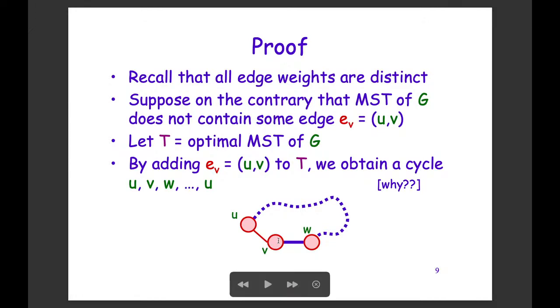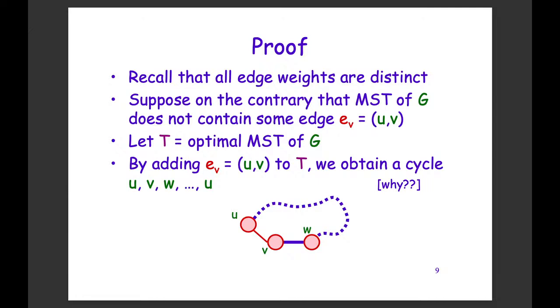For instance, maybe V is connected to some other edge like VW. Then we claim that by adding the edge UV, the tree will have a cycle. In fact, it will have a cycle containing V, and so on, up to U and then back to V.